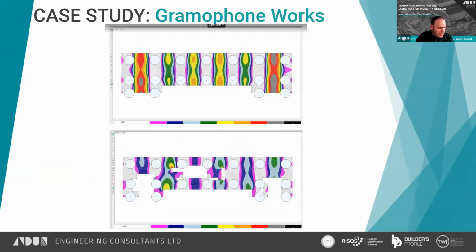So the last one is Gramophone Works, which I think Richard did a presentation on. I don't know how long ago it was now, probably last year, maybe the year before, in fact. So Gramophone Works was an old gramophone works in London. Again, a very robust building, and the reason being it's where they used to cut and copy gramophone recordings.